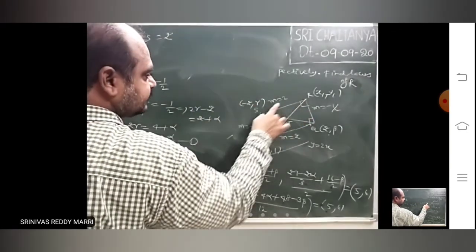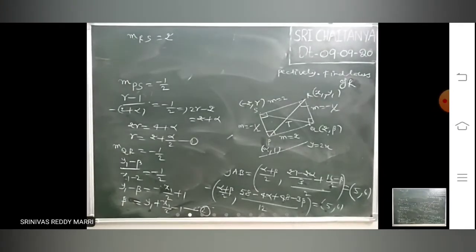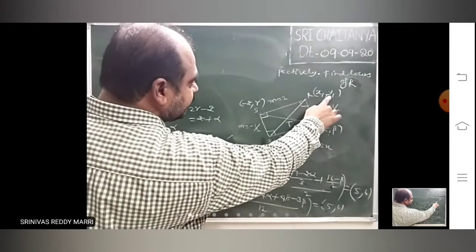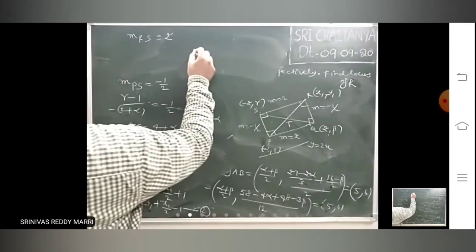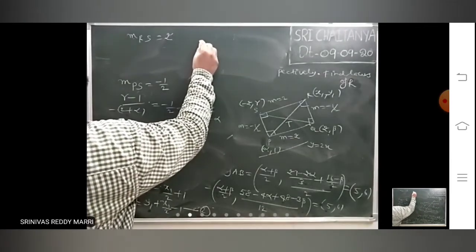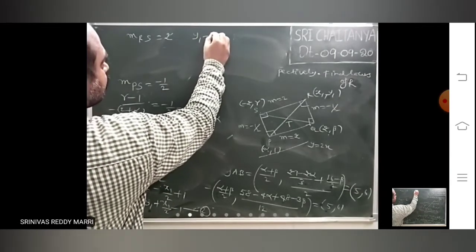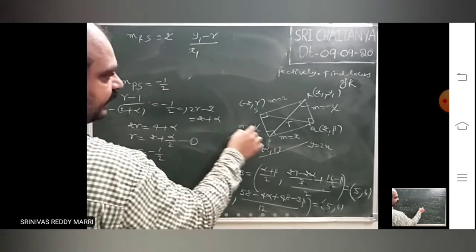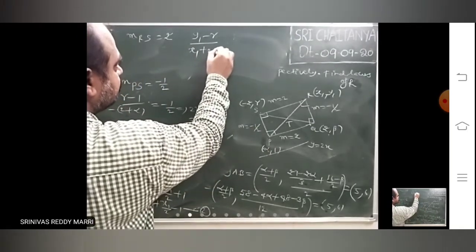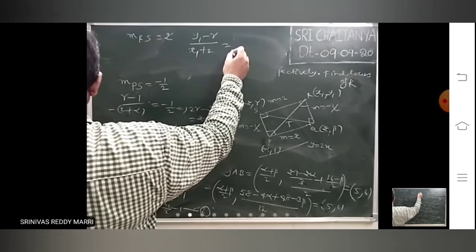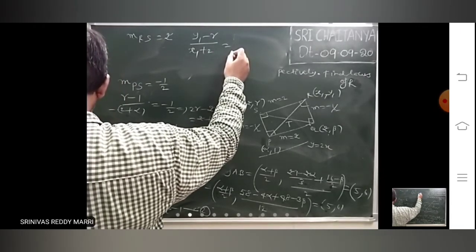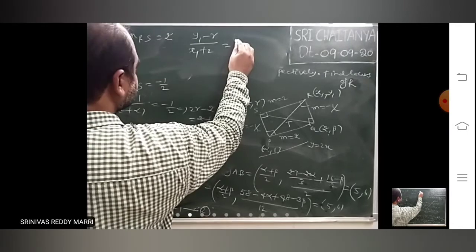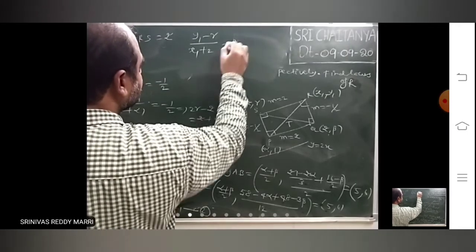Slope of RS equal to 2 means y1 minus gamma divided by x1 plus 2 equal to 2.